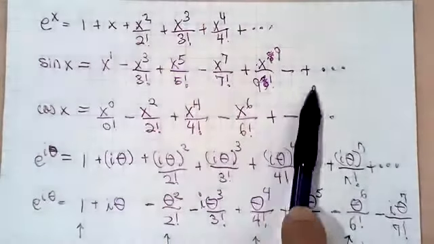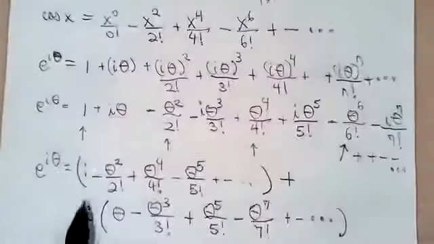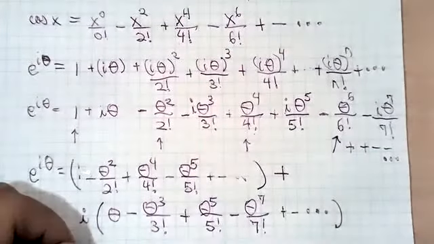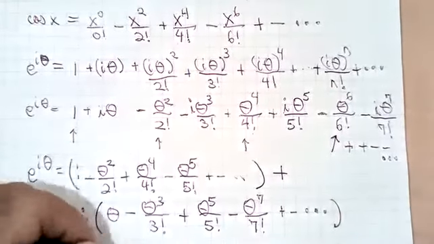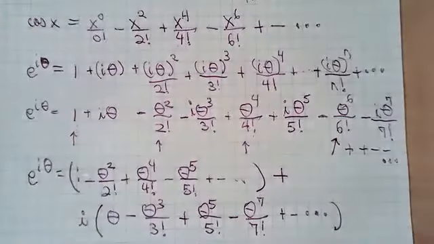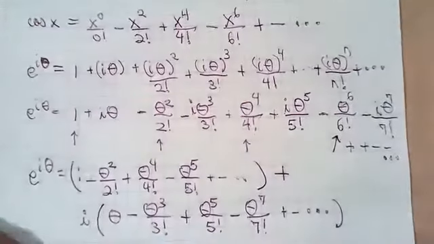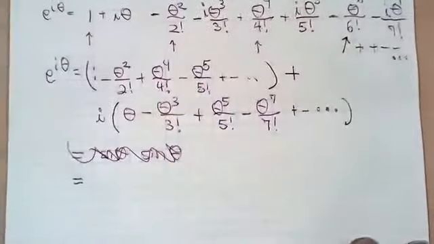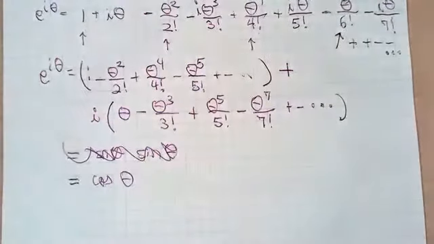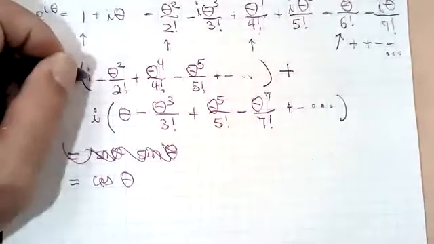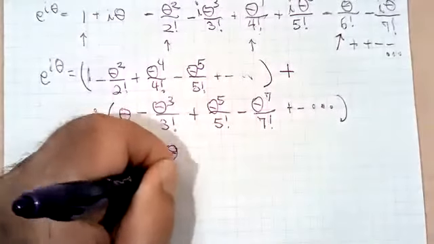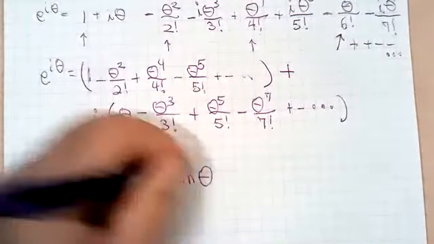Same series exactly, except I got x's here and I got thetas here. So this is sine theta. Wrong, I'm doing my very level best to write this formula incorrectly. Cosine theta here, that's a 1, plus i sine theta.